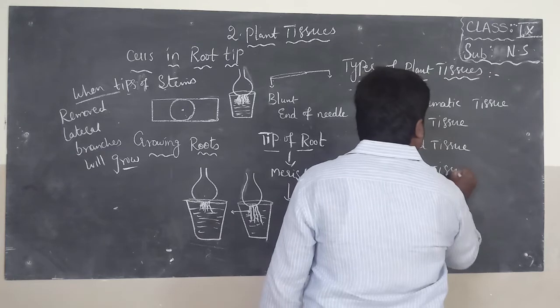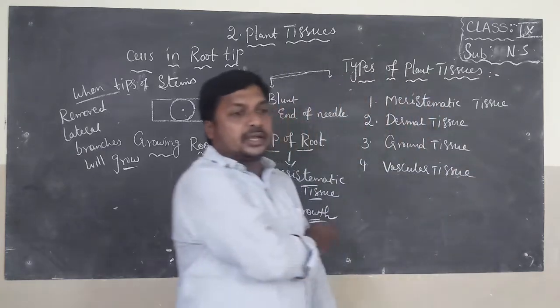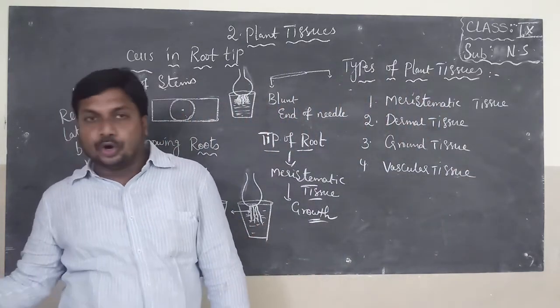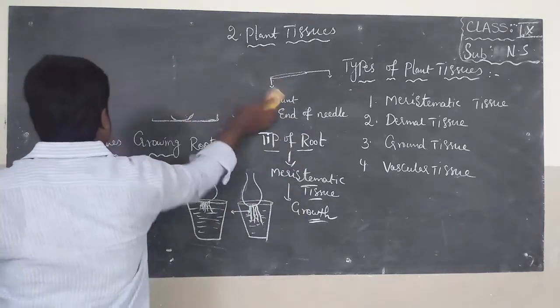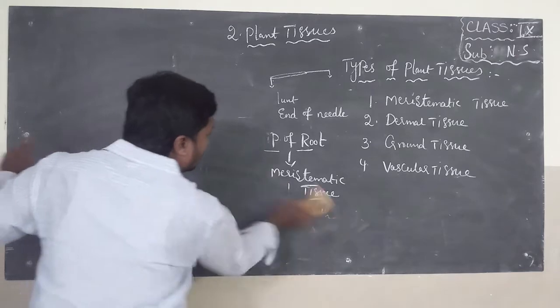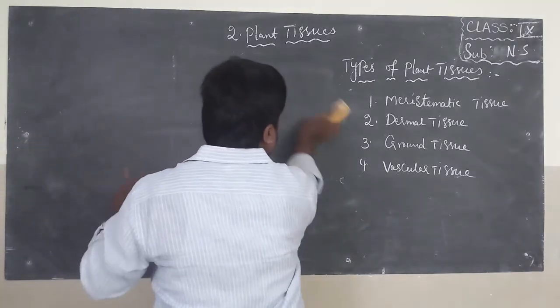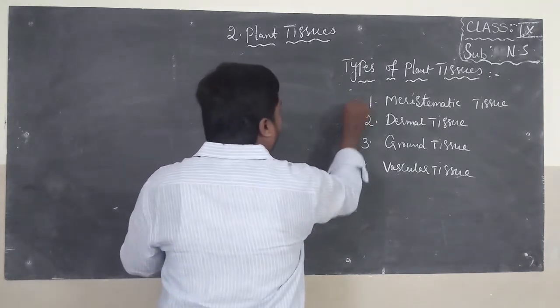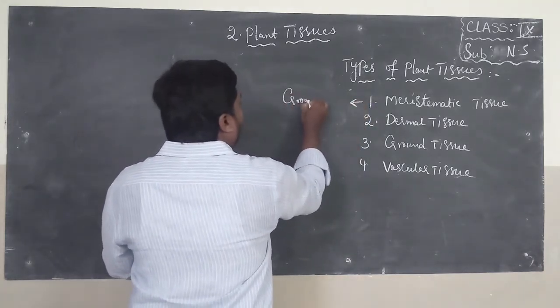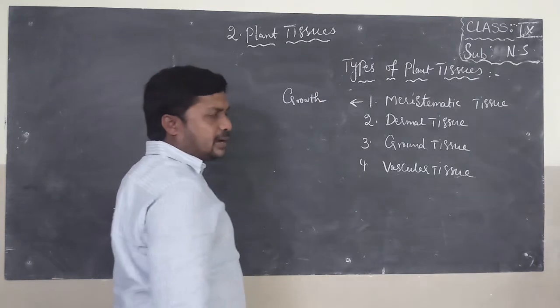Dear children, if you observe these 4 tissues, every tissue has its own role. What is that role? I will explain now. See here. 4 types of tissues are present in plants. Every tissue has its own role. Meristematic tissue is helpful for growth of the plant.